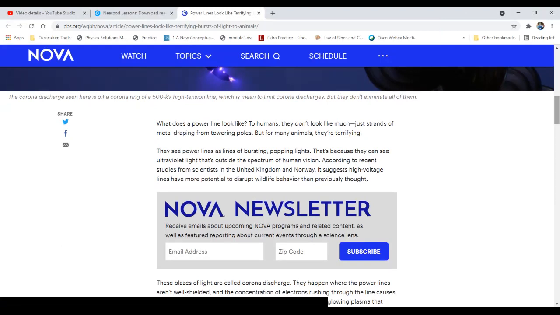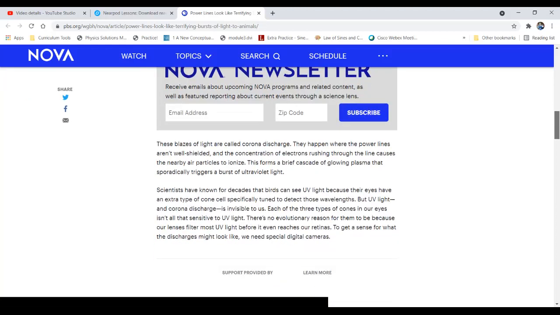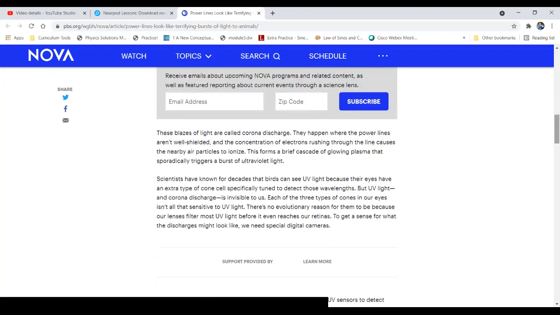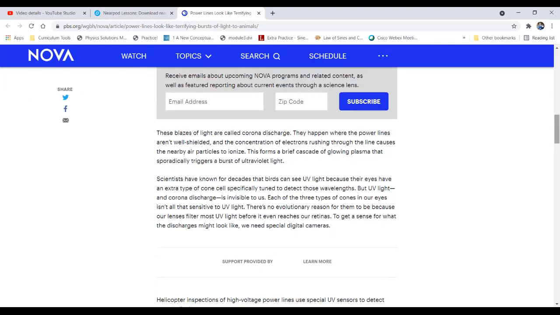And according to recent studies, it suggests that high voltage lines really disrupt wildlife behavior more than what scientists previously thought. And that's because power lines give off these ultraviolet blazes of light called corona discharge. And that happens where the power lines aren't very shielded. And so you have these concentrations of electrons that rush through the lines.